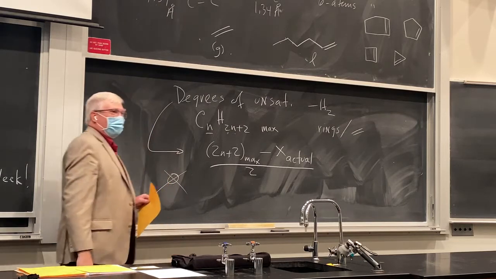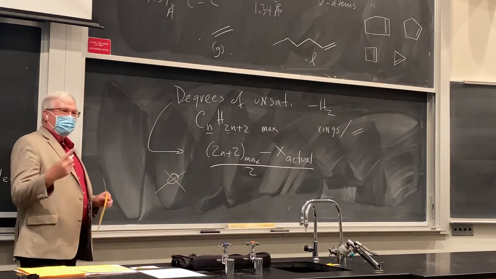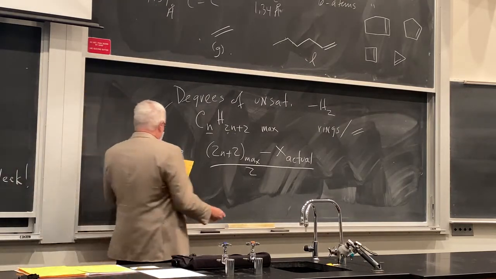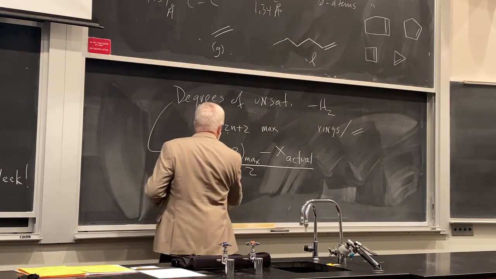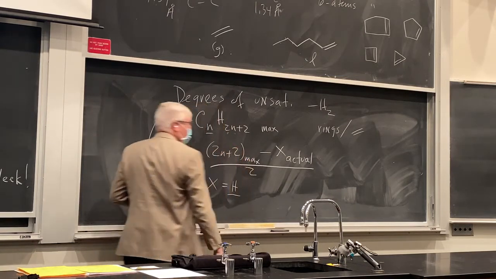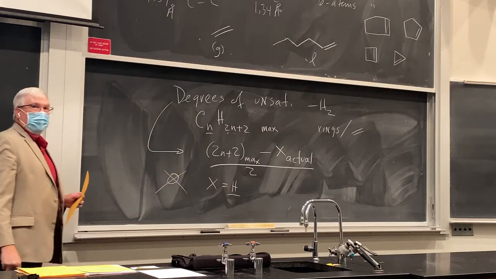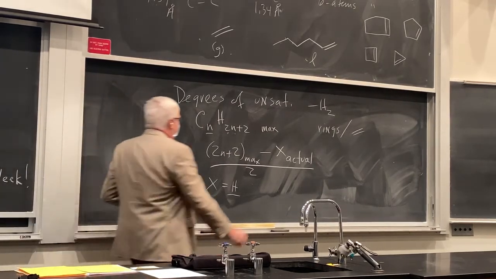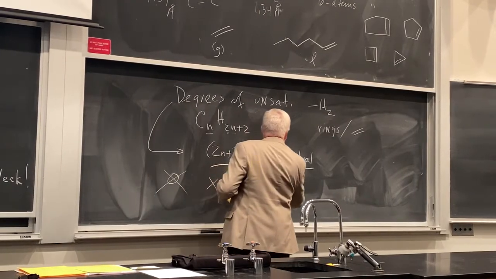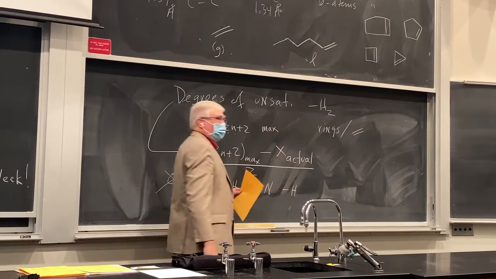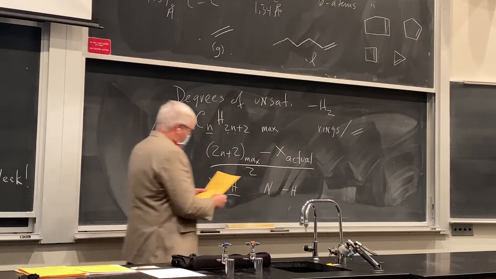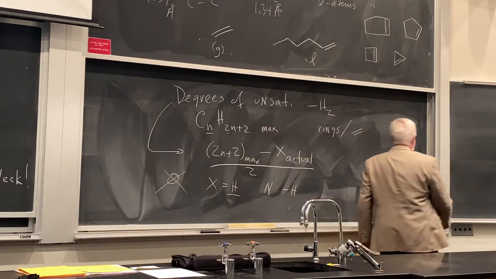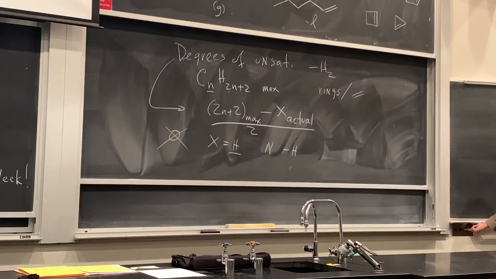Don't worry about it. Okay? And you'll see why when we propose a couple structures. If you see a halogen, okay, we just equal that with a hydrogen. We'll just add another hydrogen there because they're monovalent like hydrogen, okay? If we have a nitrogen there, we actually take off a hydrogen, okay?